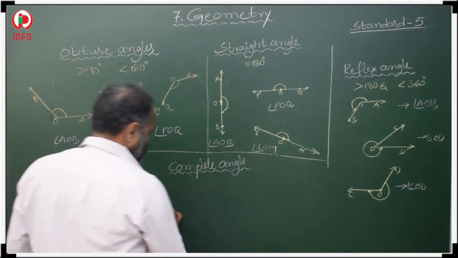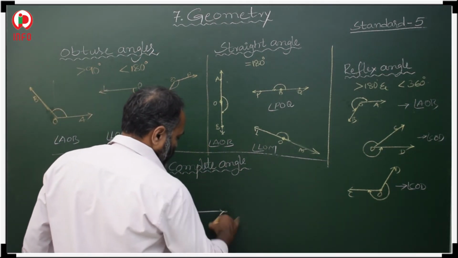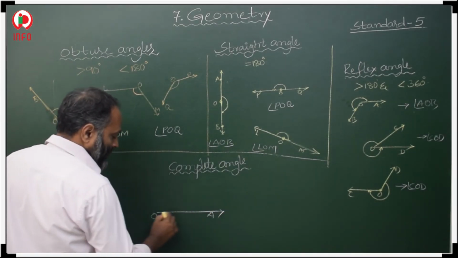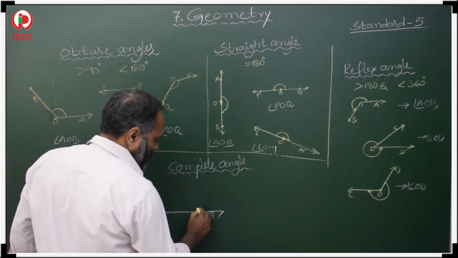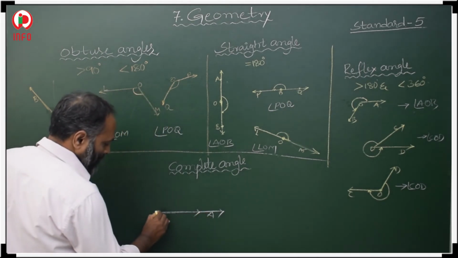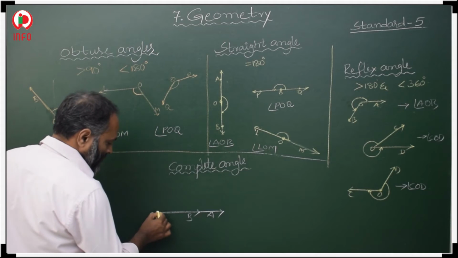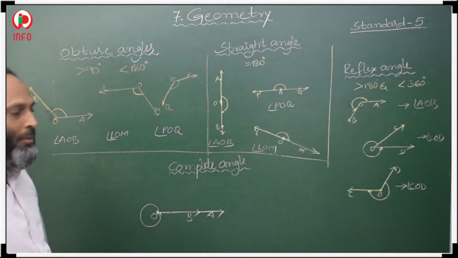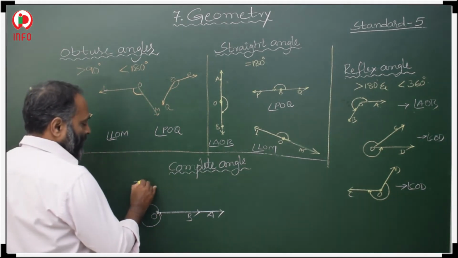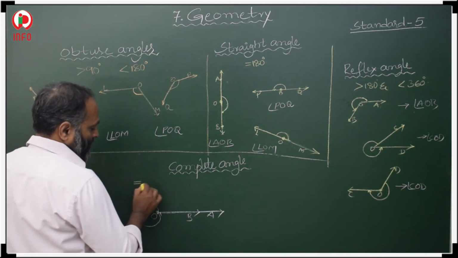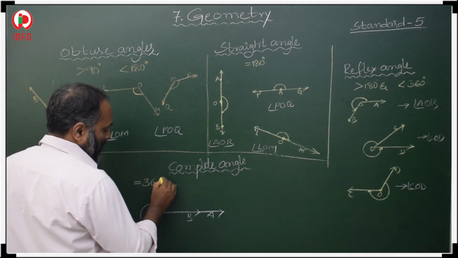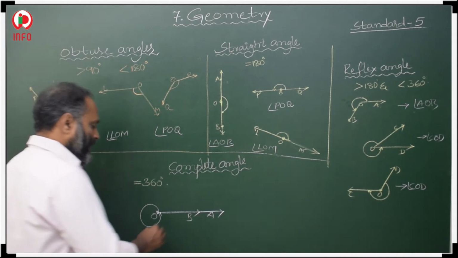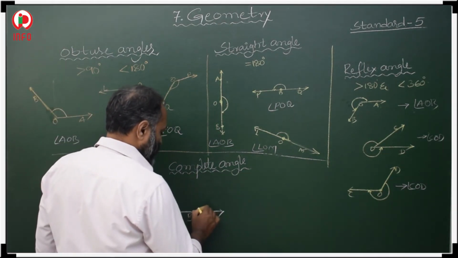Complete angle. This is one ray, OA ray. This is another ray, OB ray. So here the angle is complete. Complete angle means if the angle between the two rays is equal to 360 degrees, then that angle is a complete angle.